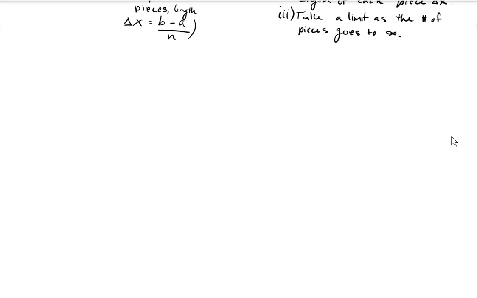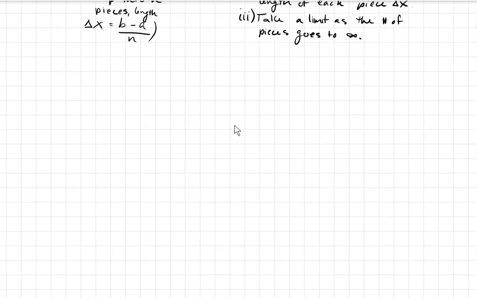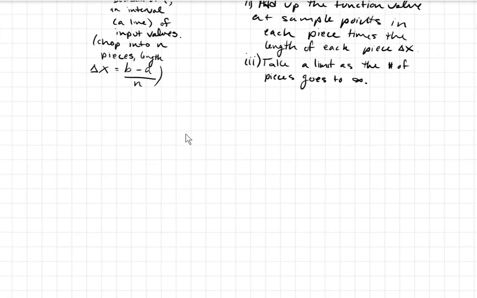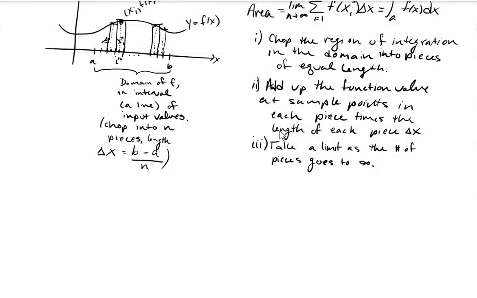Now might be a good time to take a little break, or if you're ready, just let the video keep rolling. So let's try to remember the process that we saw up here for integration and see how we do that for a function of two variables.